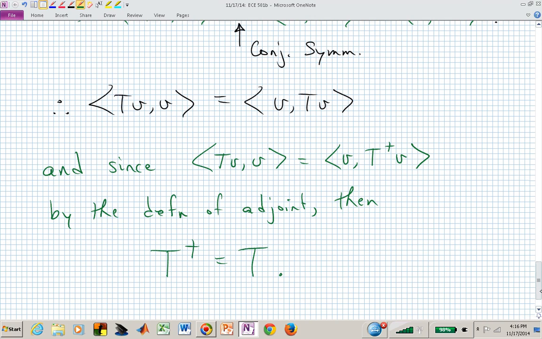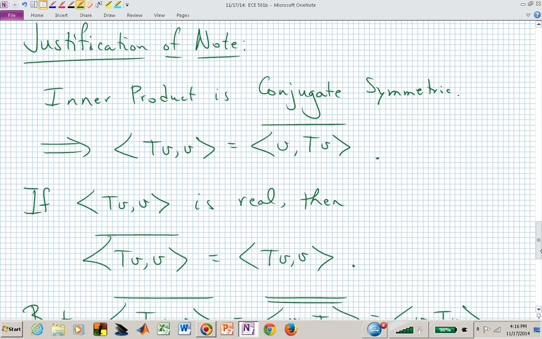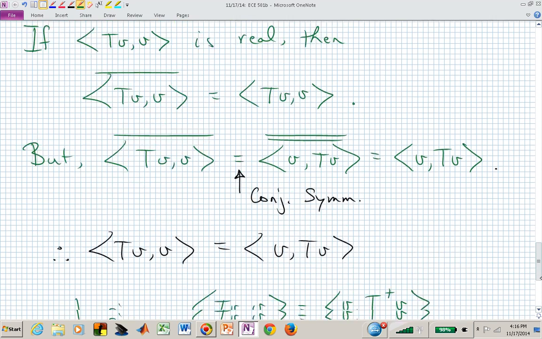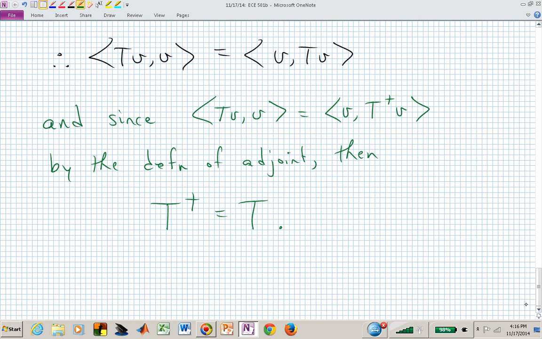And all we required was that the inner product of ⟨TV, V⟩ be real. Once we have that, then we can conclude that the operator itself is self-adjoint. So if somebody gives you ⟨TV, V⟩ being real, then you can say, oh, that operator T is self-adjoint.